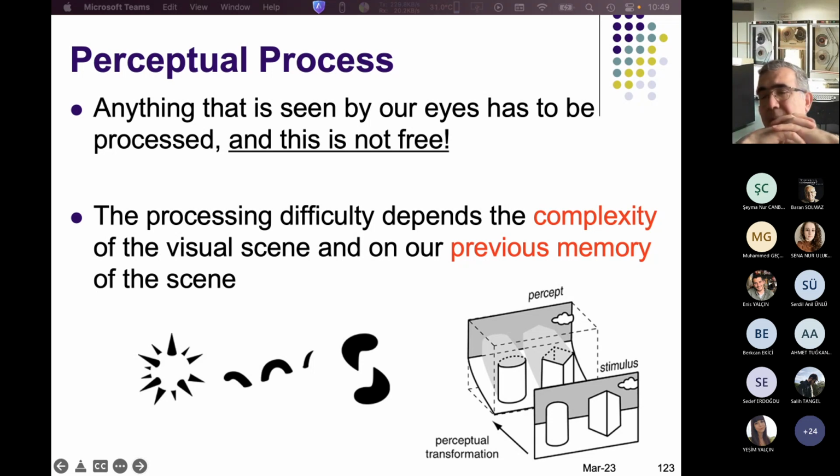Therefore, when the visual scene is complex, then we are going to process it with our previous experiences. Because it is not a space alien ship. It is usually related to other devices, other interfaces that have been around before. So anything that is related to our previous memory helps to process what we see.